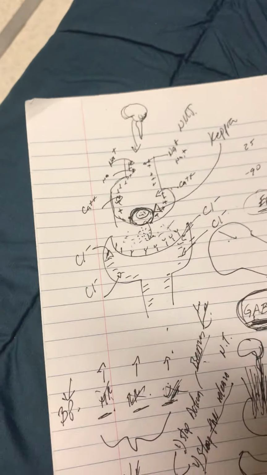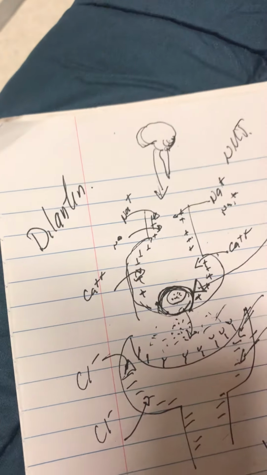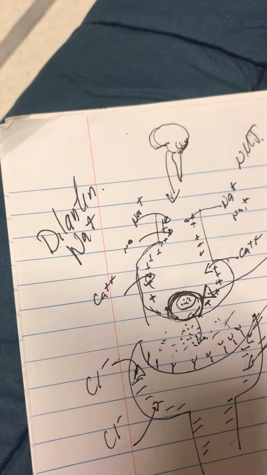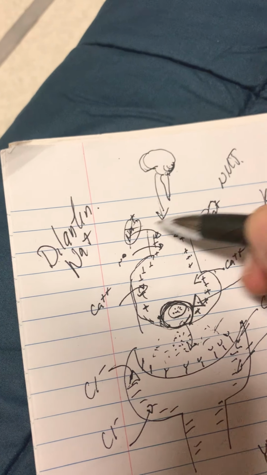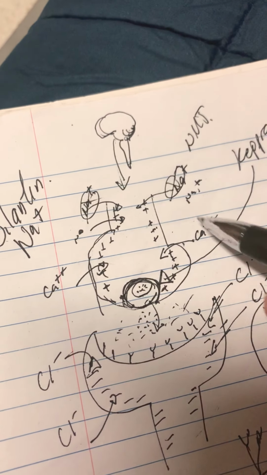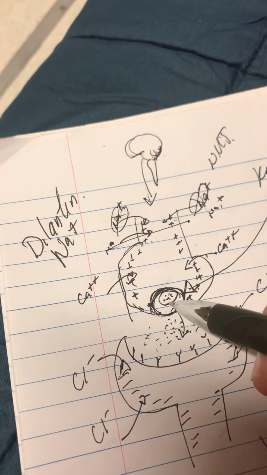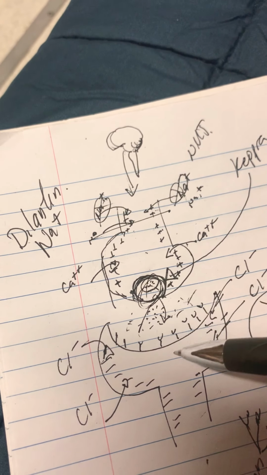Now, another medication that is good to talk about right now is Dilantin. Dilantin is a sodium channel blocker. So what it does is it inhibits the sodium from going in. Therefore, we stop the action potential at its roots. So the cell never becomes positive. Therefore, we will never have this release.